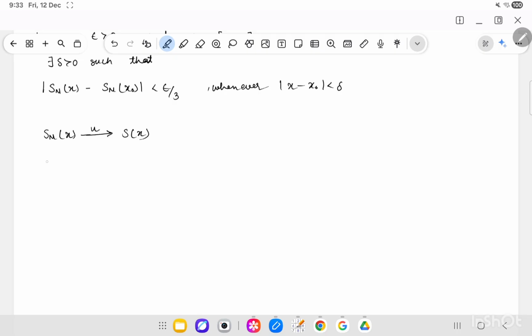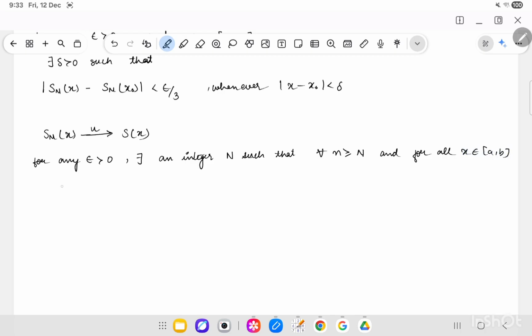If I write it out: for any epsilon greater than 0 there exists an integer N such that for all n greater than or equal to capital N, and for all x in [a, b], the modulus of S_n(x) minus S(x) is less than epsilon by 3.